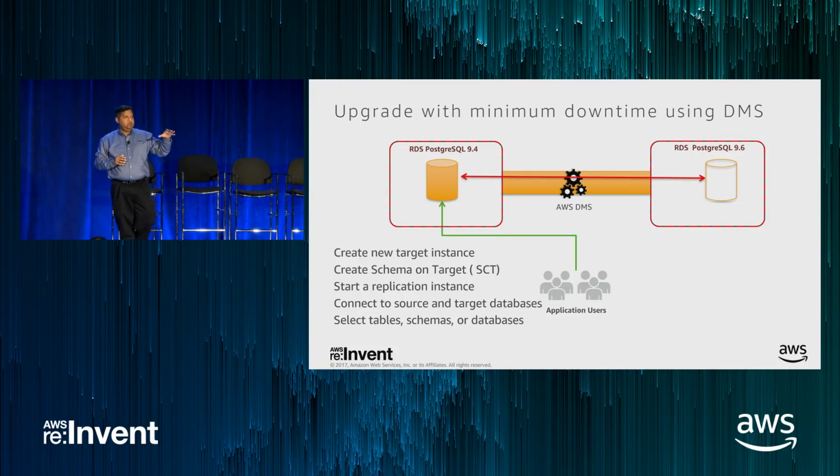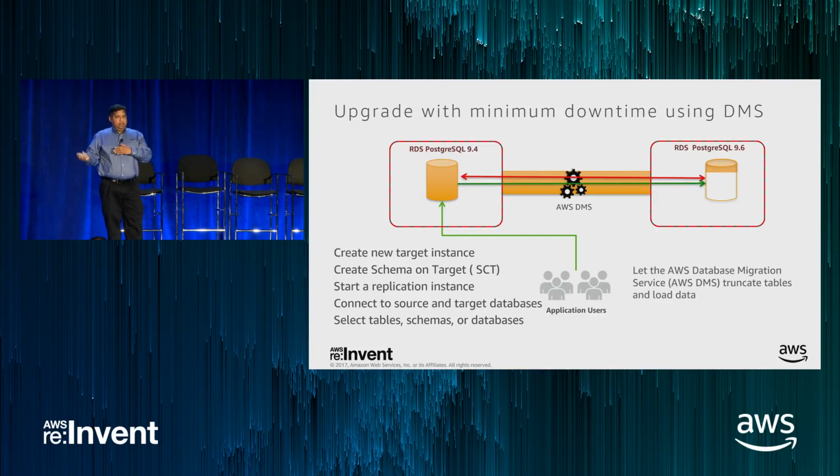You could select the whole instance, the whole database, or only certain tables or certain schemas to be migrated, right? On the target side, once you have selected everything, what you would typically do in an upgrade scenario is either do nothing, or say I'm just going to truncate everything if it finds anything before starting. That way you're starting with a clean slate, right?